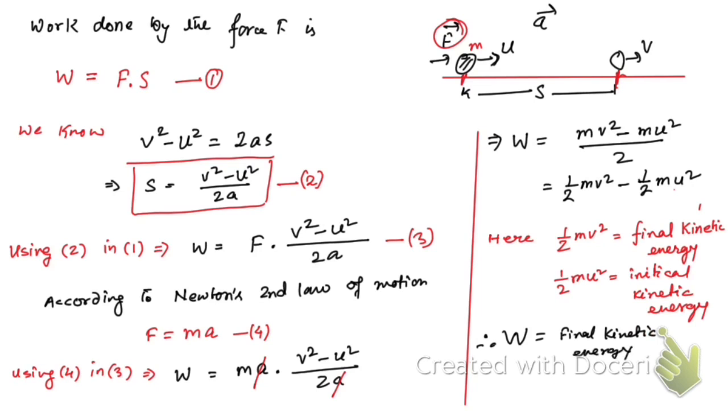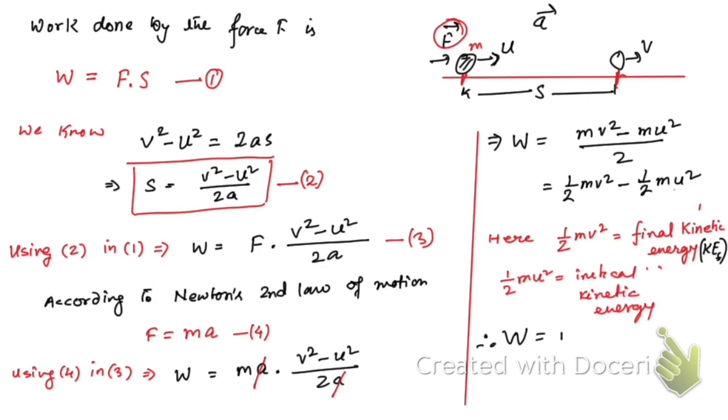Instead of writing that way, let me use the symbol KEF for the final kinetic energy, and for the initial kinetic energy, let me write KEI.